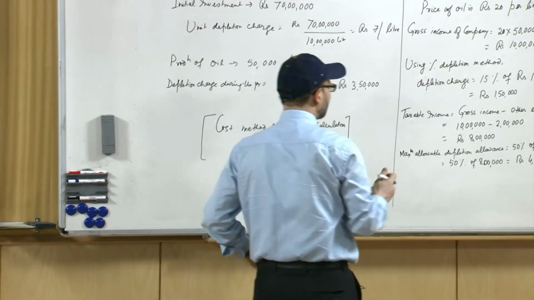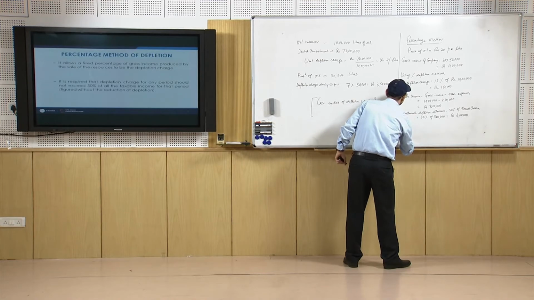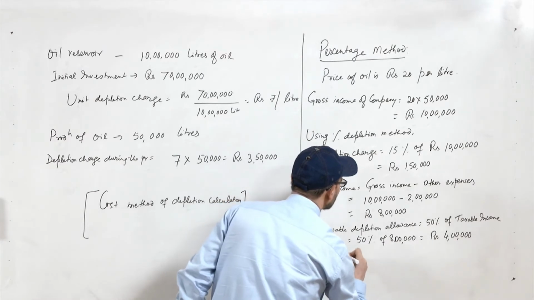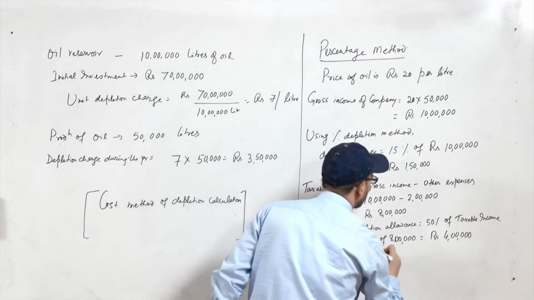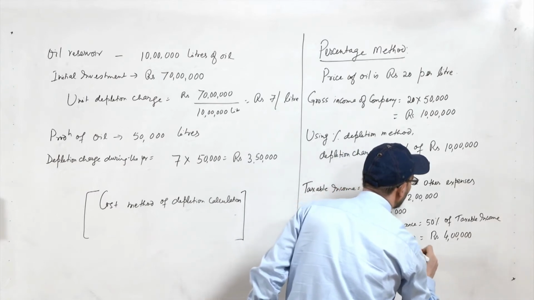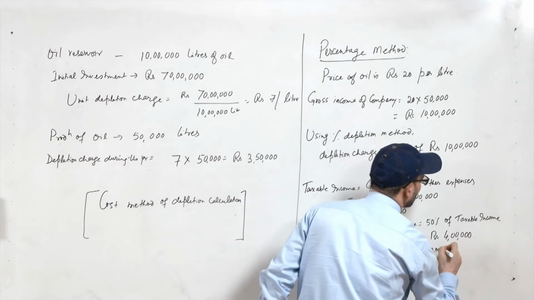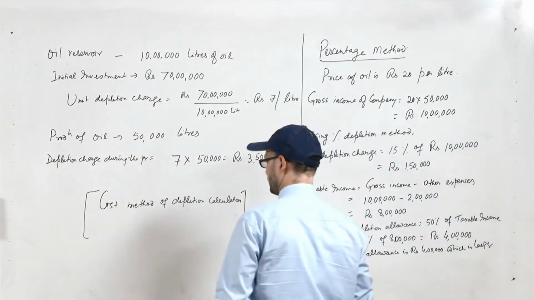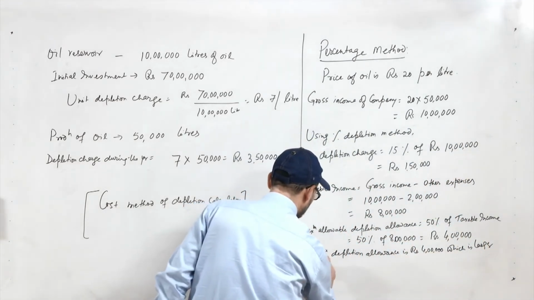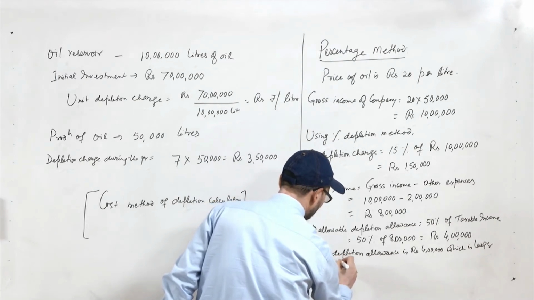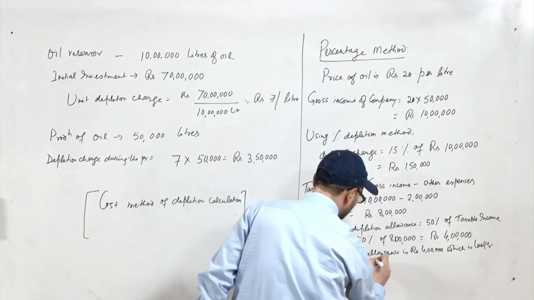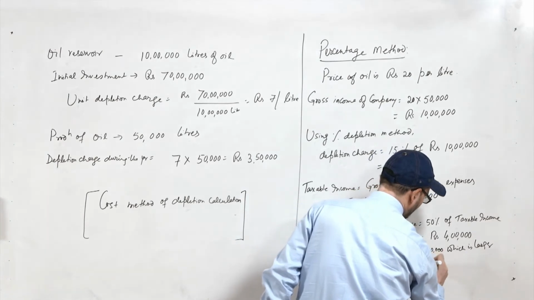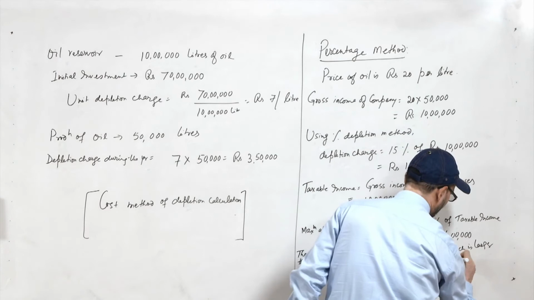So, we can write that the maximum depletion allowance is rupees 4 lakh, which is larger than the depletion calculated using the percentage of gross income.